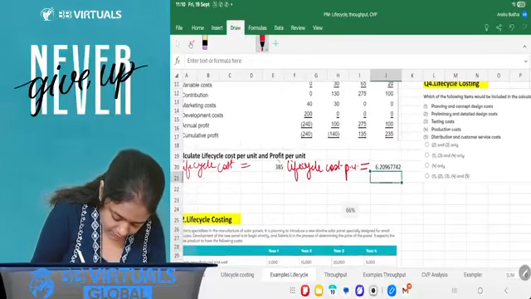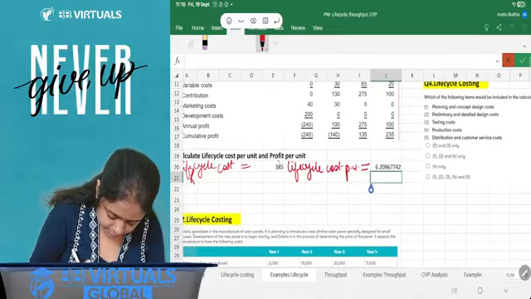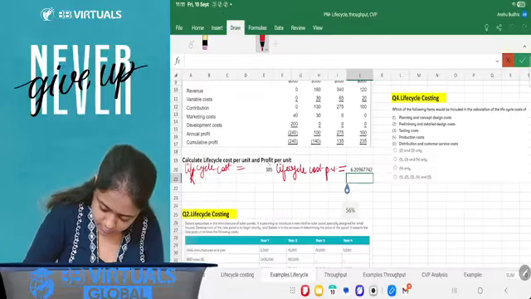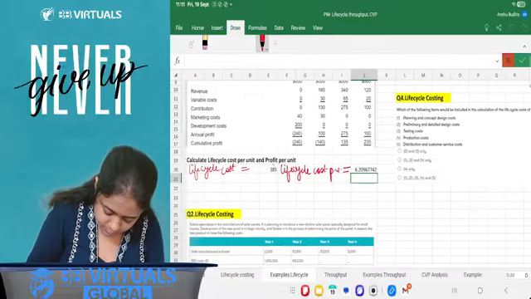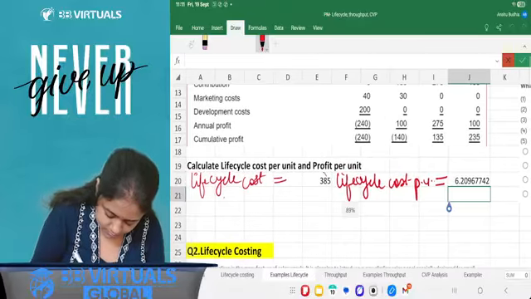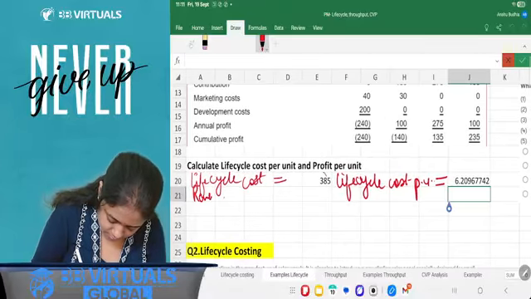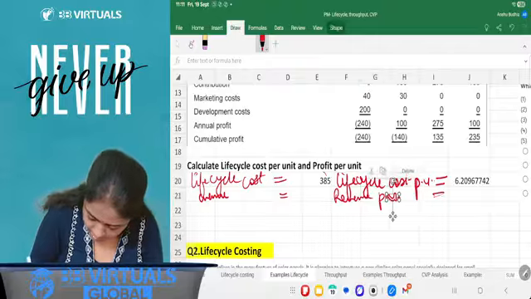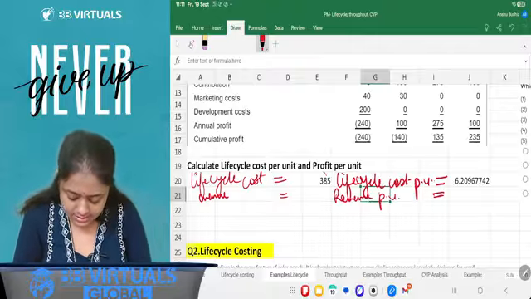Now let's get the revenue per unit. What is the total revenue? It is given here.